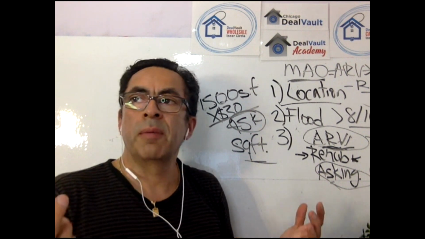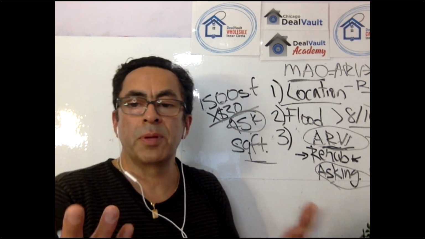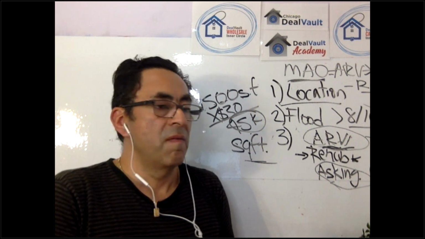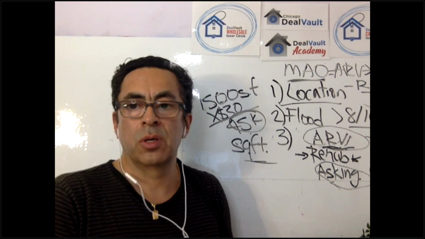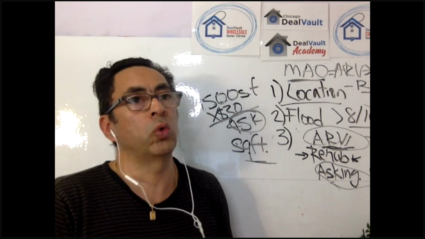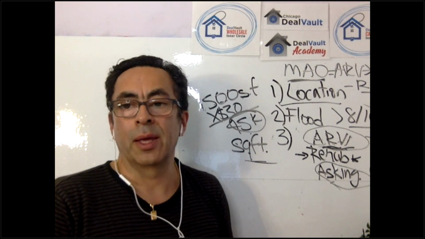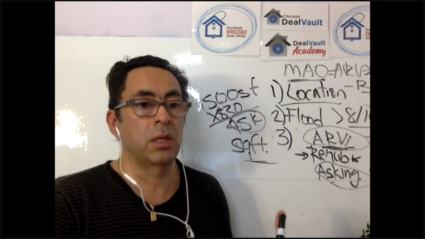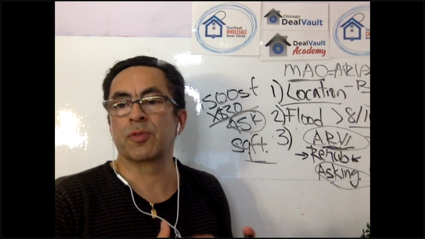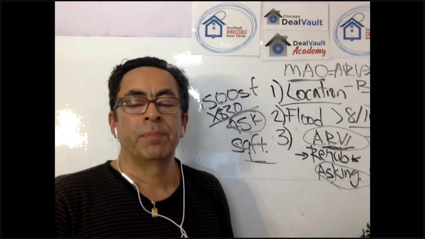Now, there's only maybe 2% of the properties that you come across that require a light rehab, okay? Very, very small percentage, so don't count on those. We've done maybe 1 or 2 that required a light rehab. So when we buy distressed properties, they typically need a medium rehab where you do kitchens, bathrooms, flooring, everything, okay?